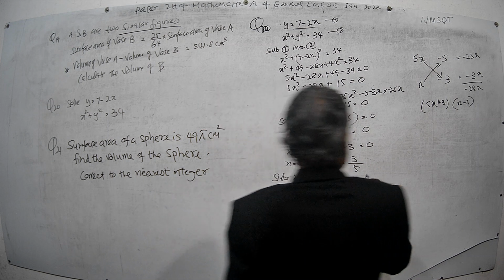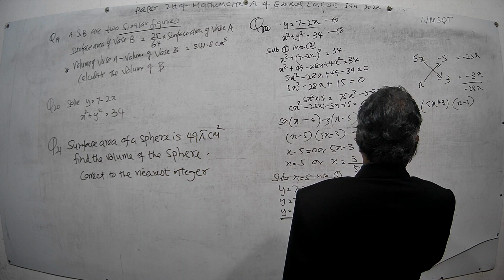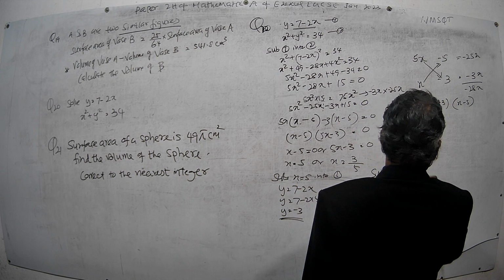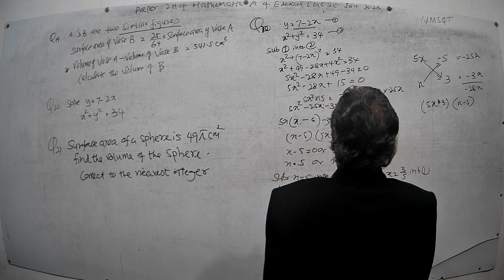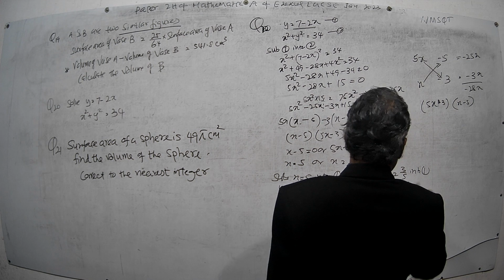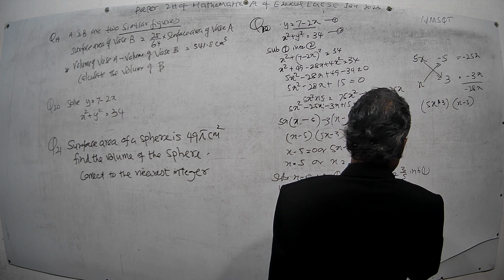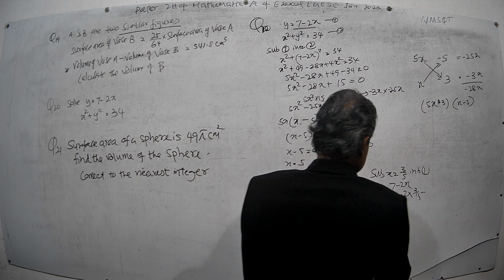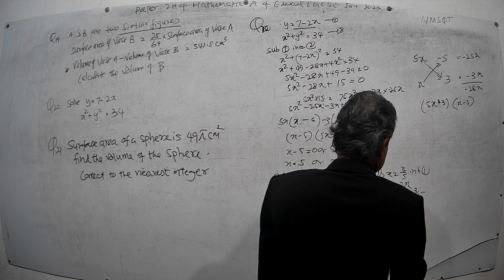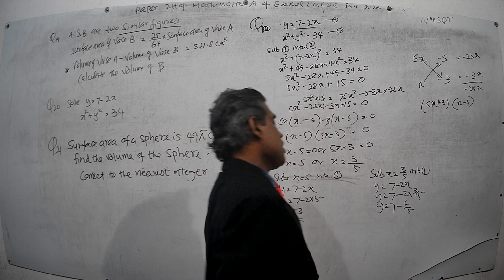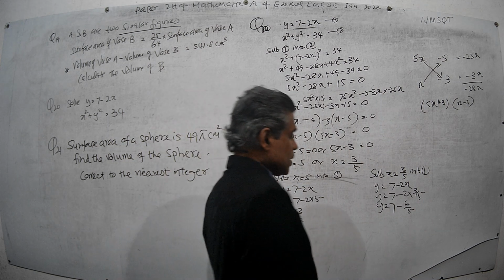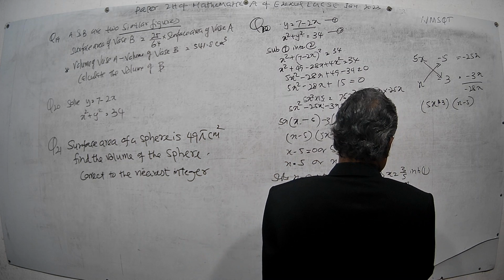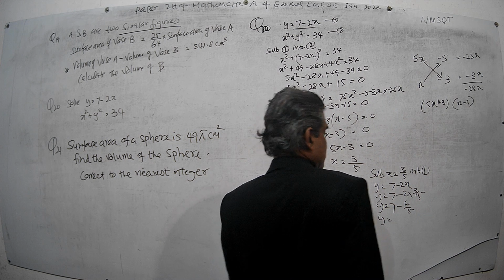Again, substituting x equals 3 over 5 into equation 1, y equals 7 minus 2x, then y equals 7 minus 2 into 3 over 5. Then it will be how much? y equals 7 minus 6 over 5.